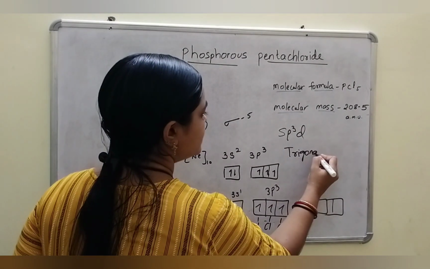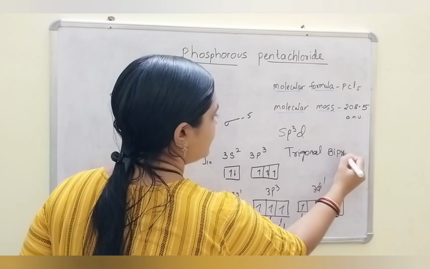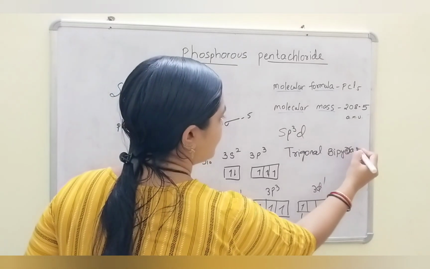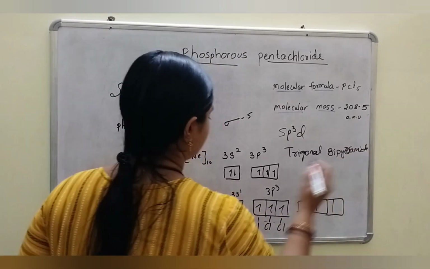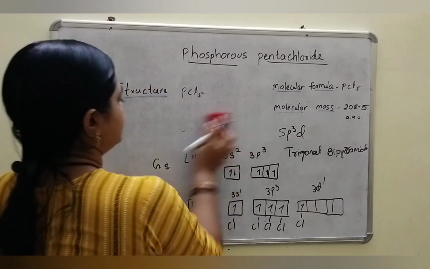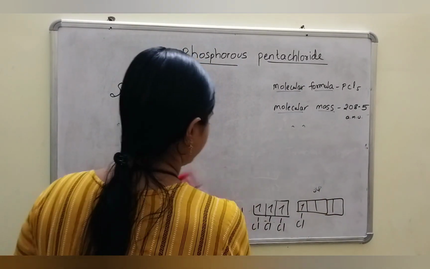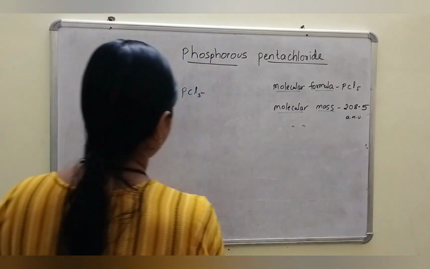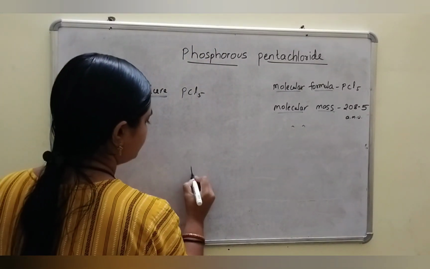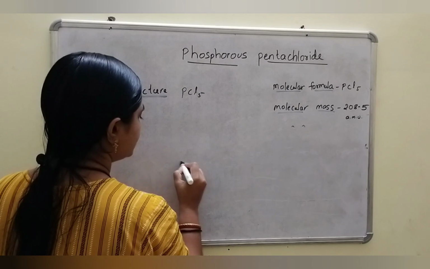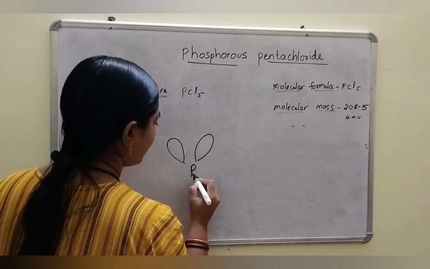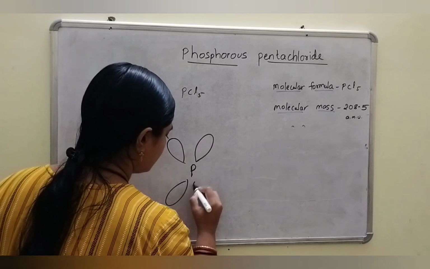What is the structure? Trigonal bipyramidal. Let's see the structure of PCl5, that is trigonal bipyramidal. So phosphorus combines with 5 chlorines.